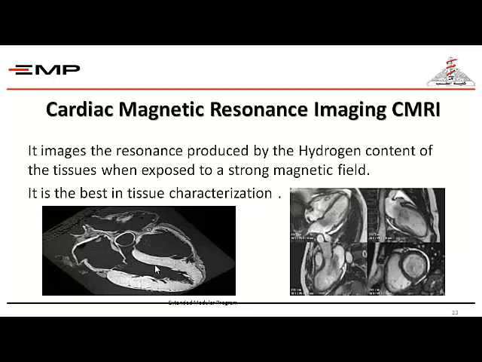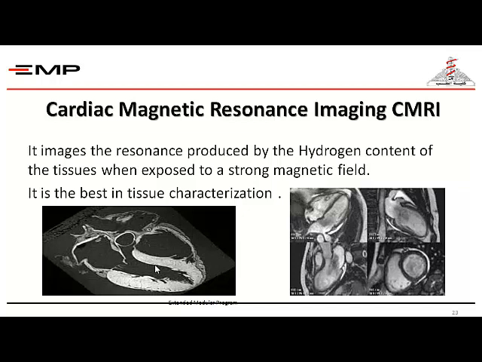The last is cardiac magnetic resonance imaging. It images the resonance produced by the hydrogen content of the tissues when exposed to a strong magnetic field. This is the idea of the test. It's best in tissue characterization.